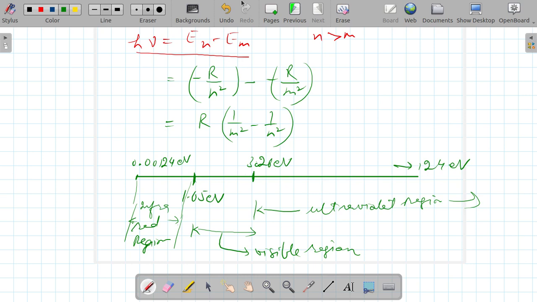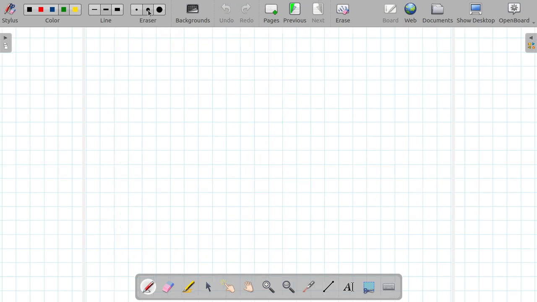So first of all, I will talk about the Lyman series. For the Lyman series, m must be equal to 1 and n must be equal to 2, 3, 4, 5 and 6. So that means if there is a second to first level transition, or third level to first, or fourth level to first level transition, these all come under the Lyman series.